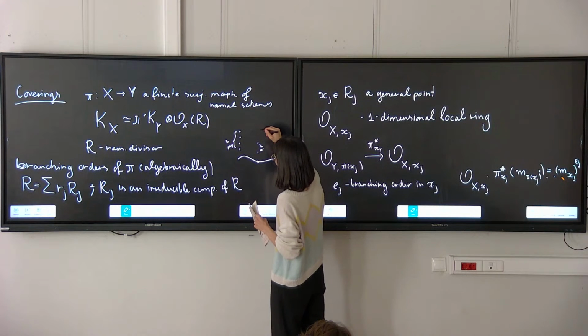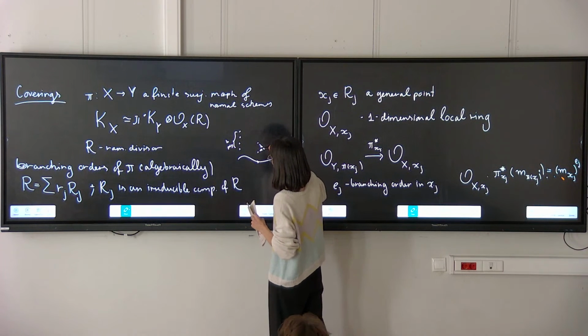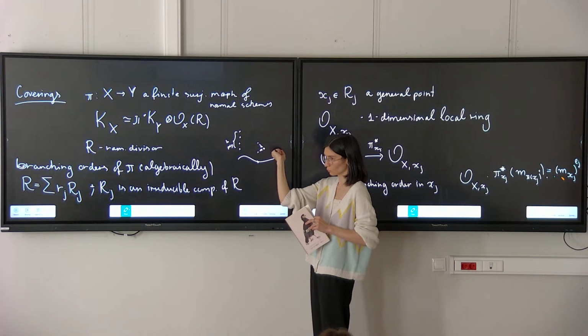Sometimes we can have n-1 points, and the branching order is how many points are glued together.